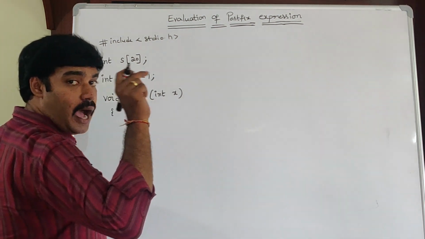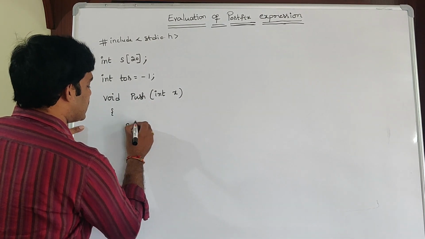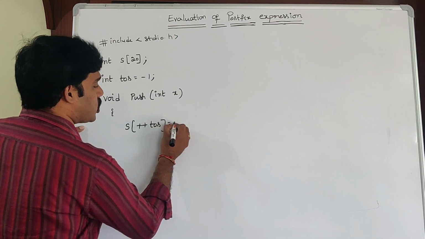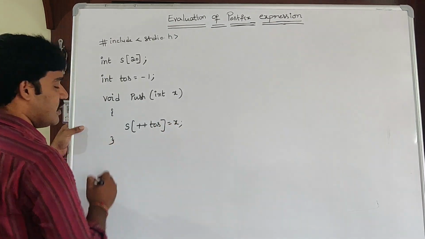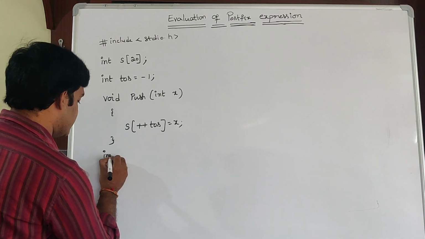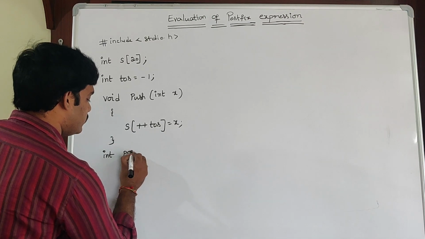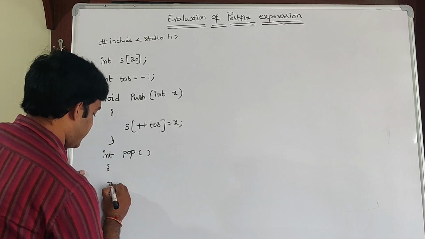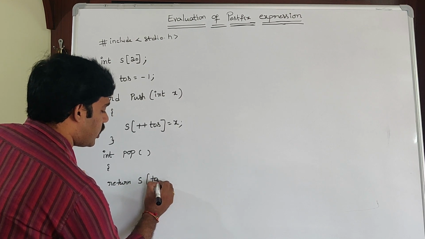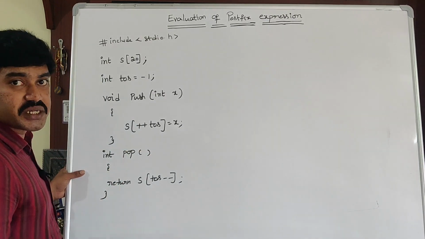Because only operands are pushed into the stack. s[++tos] = x. This is the shortcut to write the push function. Similarly, how to write the pop? The return type is integer. Why? Because the stack contains only numbers. int pop(), return s[tos--]. This is the shortcut to write the pop function.